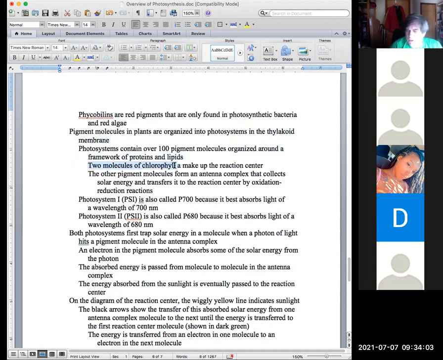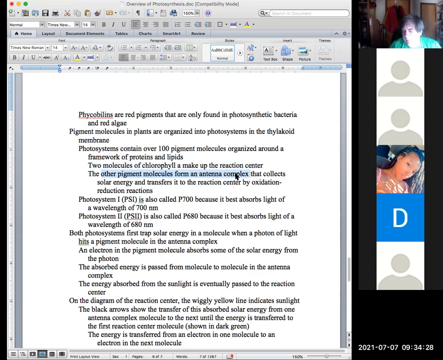And there's always two molecules of chlorophyll A that make up something that we call the reaction center. And you can tell by the name, the reaction center is going to be crucial in terms of how photosynthesis works. All the other pigment molecules, so the other 98 or so, make up something called an antenna complex.